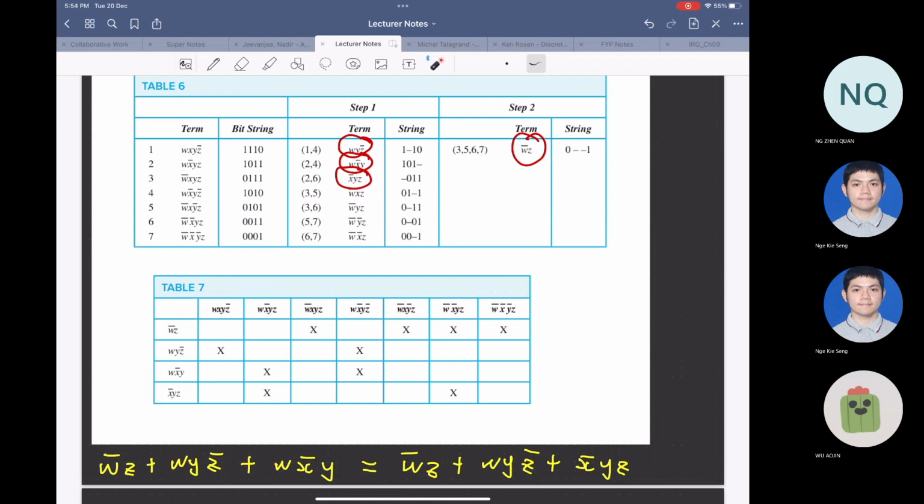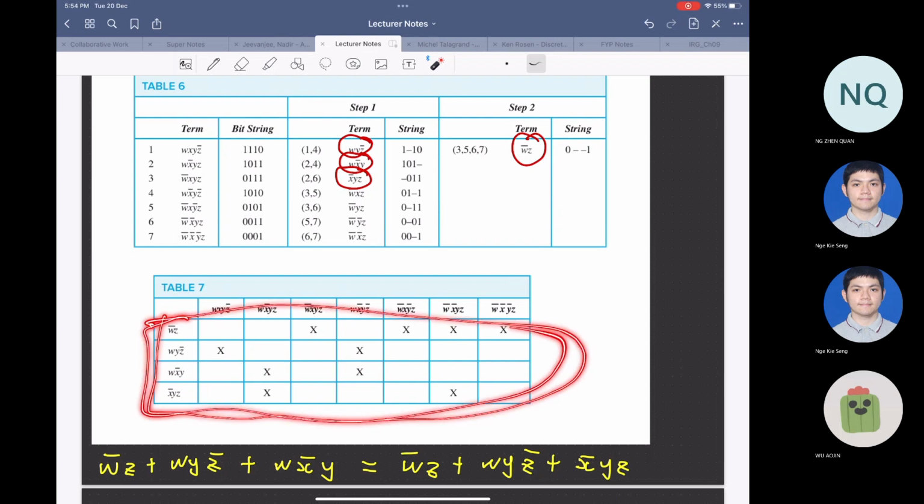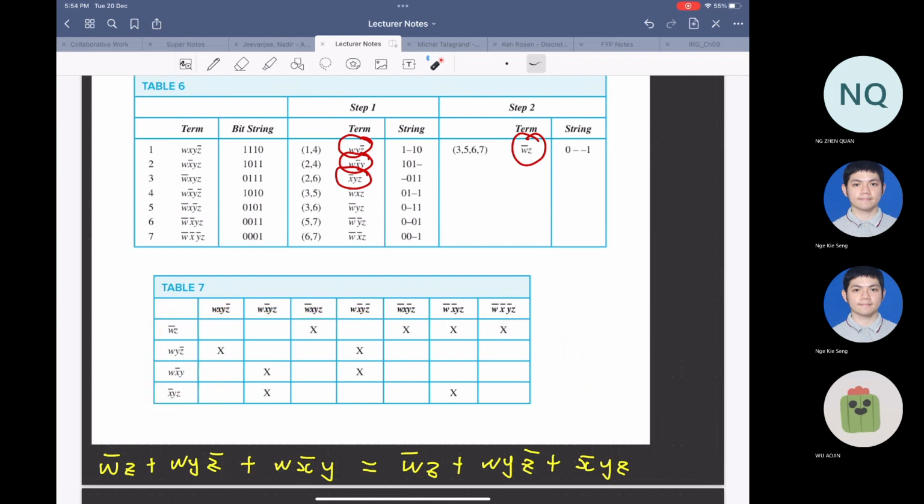Okay, so this means you need to have this cross. When you take the sum of these implicants, you need to have all the crosses for the min term.